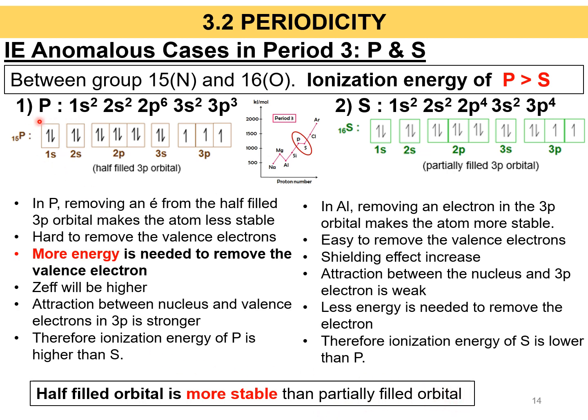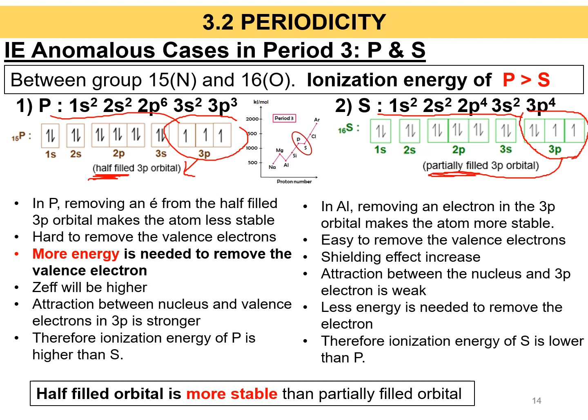Okay, so if you look at electronic configuration, you tengok dekat dia punya valence orbital which berada pada 3p. Okay, 3p in phosphorus adalah half filled orbital. Okay, manakala dekat sulfur if you look at dia punya valence orbital, you look at here ada 3p4, bukanlah half, you tengok kat sini, it's not even half, it's not even a fully filled orbital, it is a partially filled orbital.